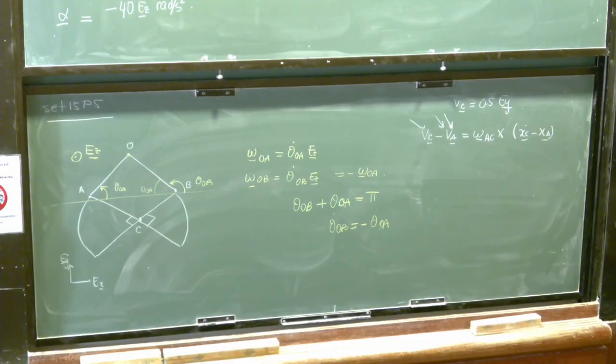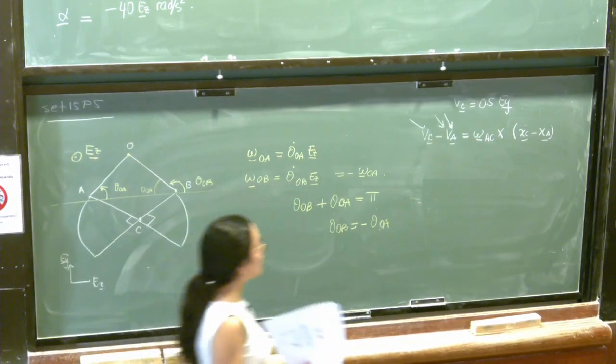Do I know anything about omega AC? I know something about it. Its magnitude is unknown, but do I know something else about omega AC? Its direction. What is the direction of omega AC? It's along EZ.